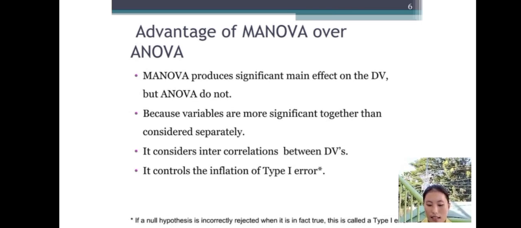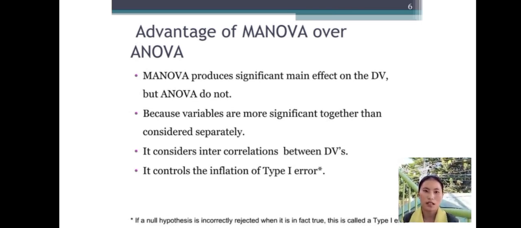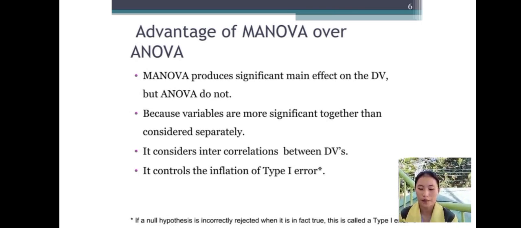This highlights that MANOVA can find significant effects of independent variables that ANOVA misses because it considers the combined effect of multiple variables, accounting for intercorrelation between them. This holistic approach also helps control the inflation of type I error, or false positives, that can occur when performing multiple ANOVAs.